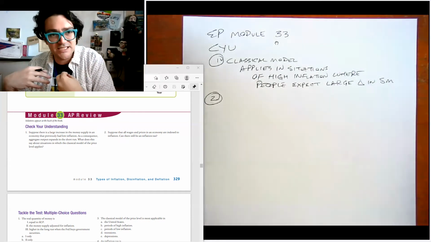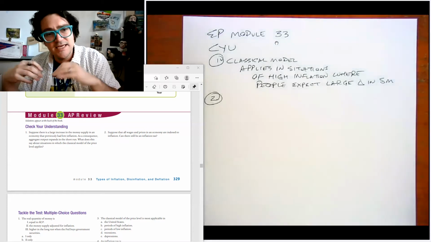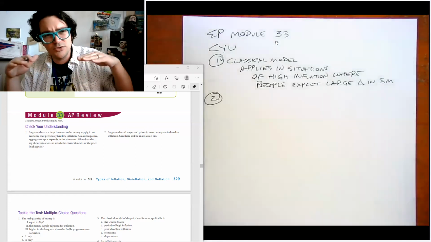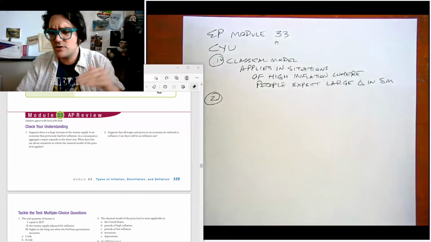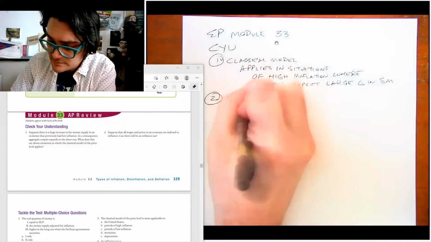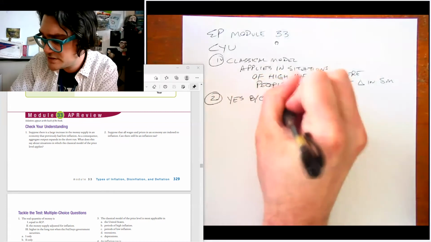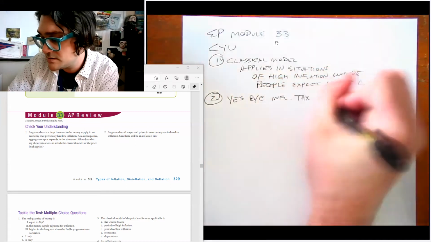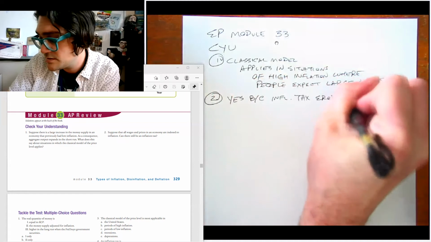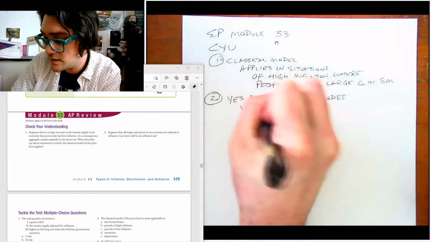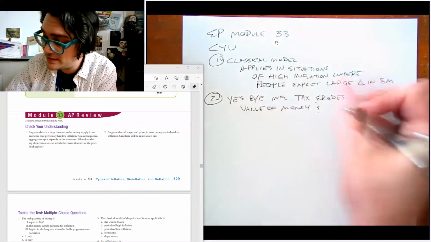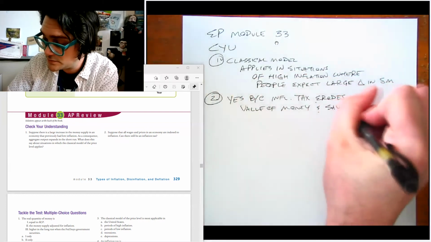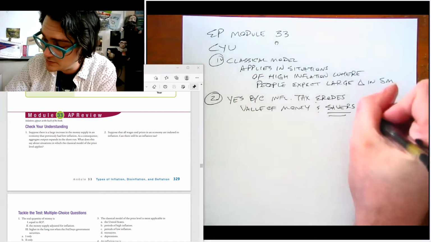But it taxes the savings of people, and so even if you adjust all the prices and wages and everything in the economy, it still is harmful. So the answer is yes, because the inflation tax erodes the value of money, and savers are hurt.